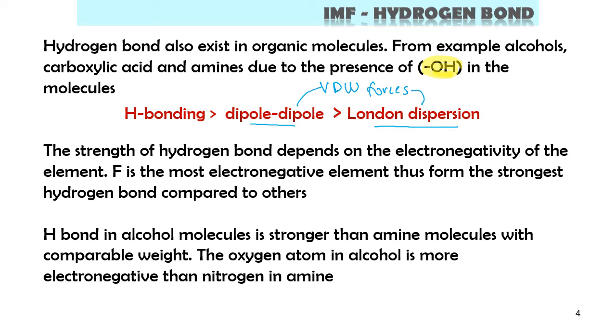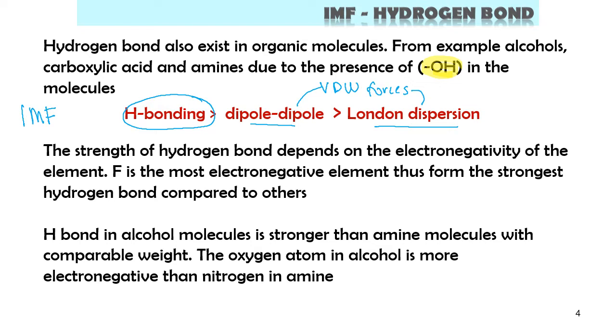Okay, but if you want to compare among intermolecular forces, hydrogen bond is the strongest. This you have to memorise. Usually the question will ask to compare the trend of boiling point and so on. So all of the boiling point, solubility and so on, we refer to this factor.